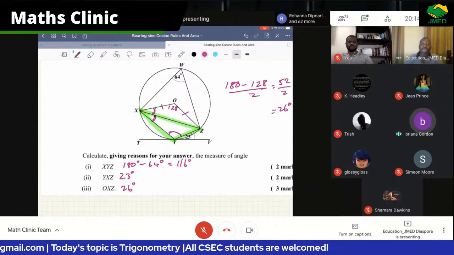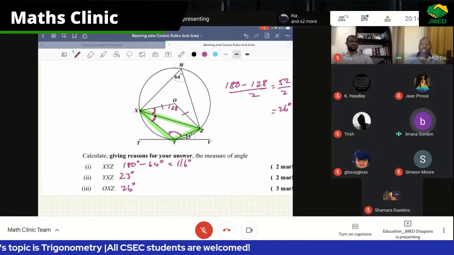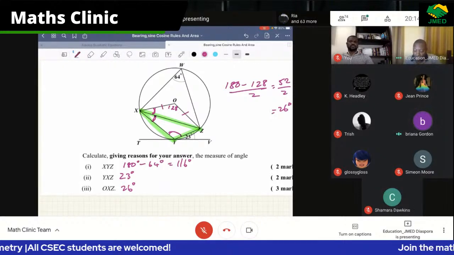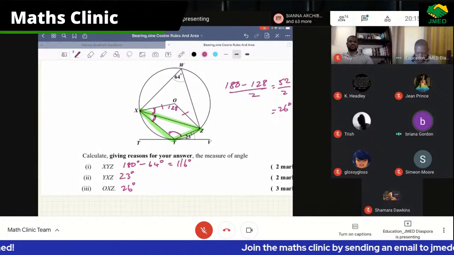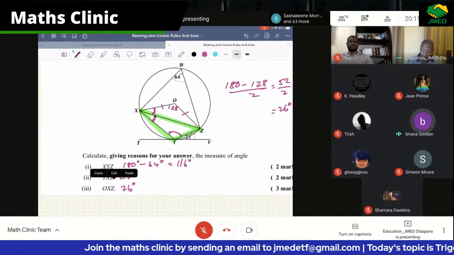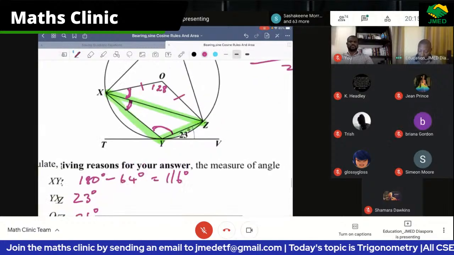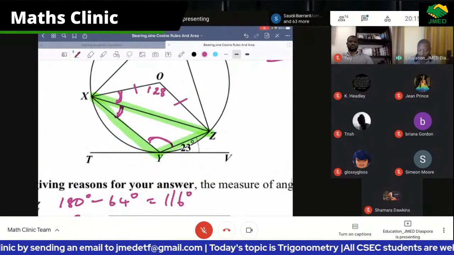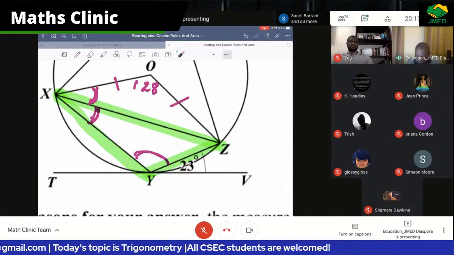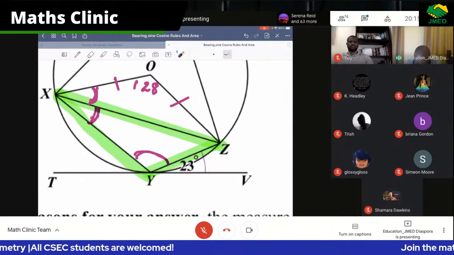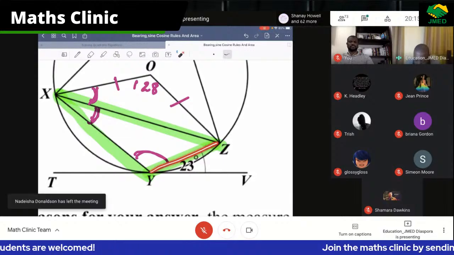I don't understand how you get the 23 or the YX. How did I get 23? Okay, good. All right, let's zoom it up a bit. What I'm saying to you is that this angle here, you notice this tangent? There is a chord that exists here.